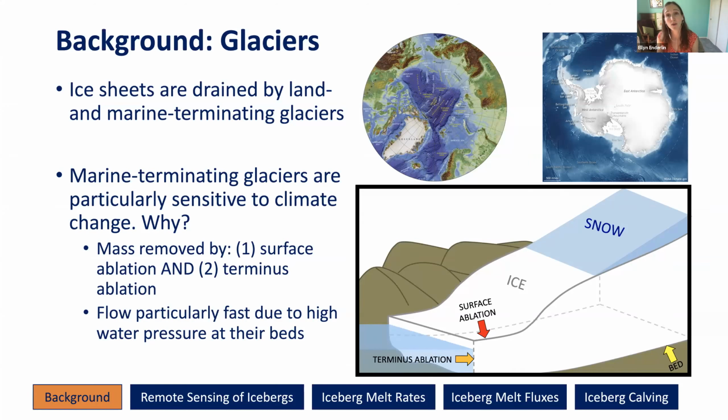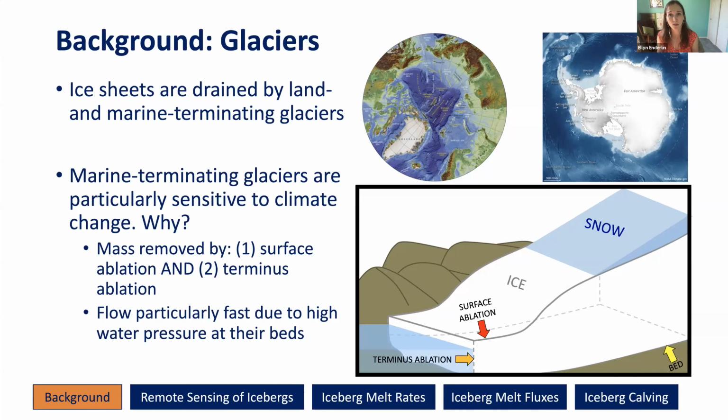Also, their flow is really, really fast. So I'll show some estimates of ice flow later on, but these glaciers are moving at up to tens of kilometers per year. And that's really fast flow. That is not all due to deformation. Ice just will very slowly deform and sort of ooze out towards lower elevations, just like honey deforms. It's a viscous fluid. But these glaciers are also sliding along the rock beneath them.